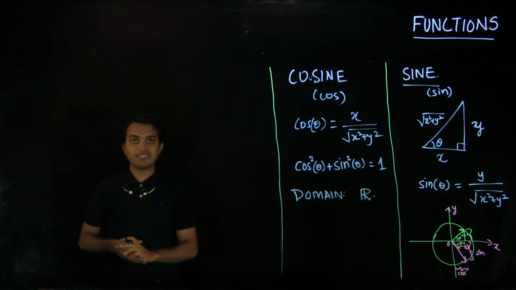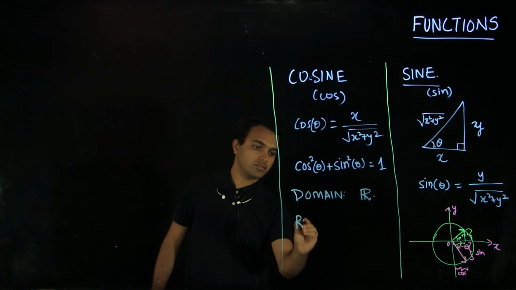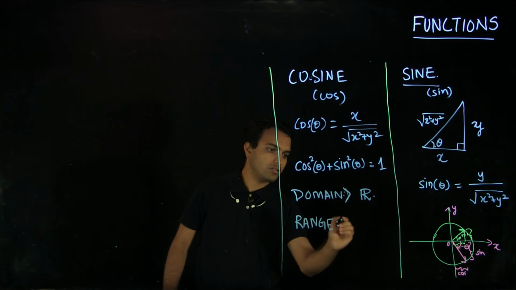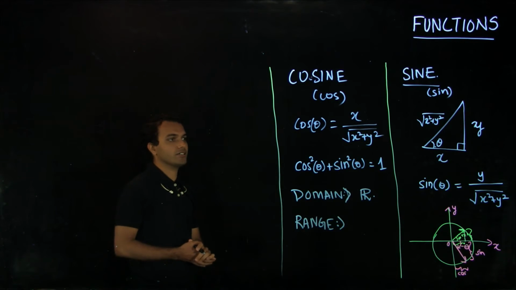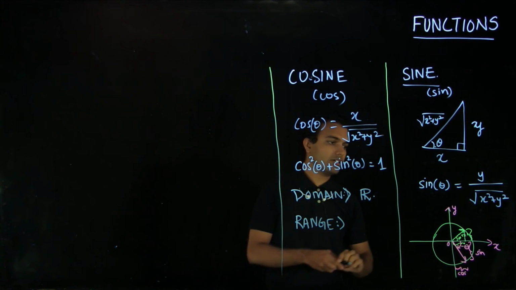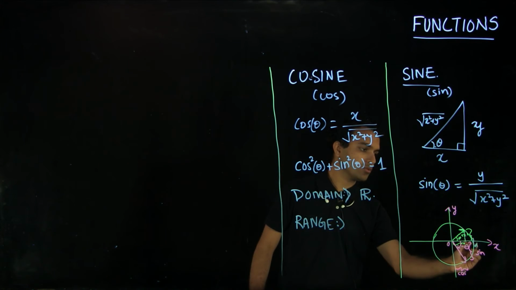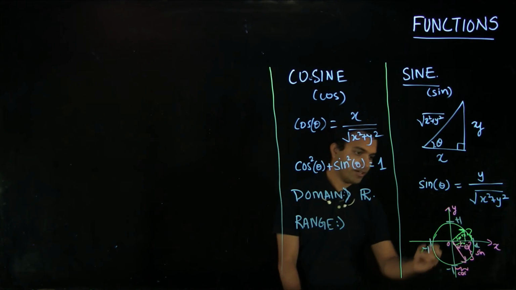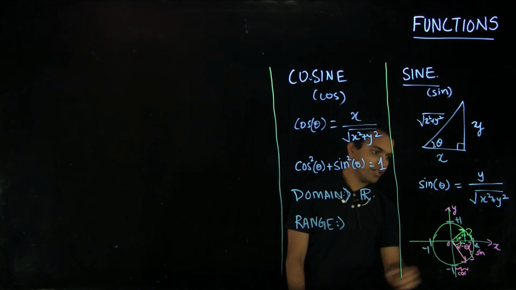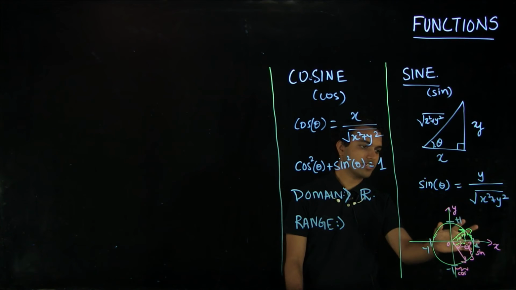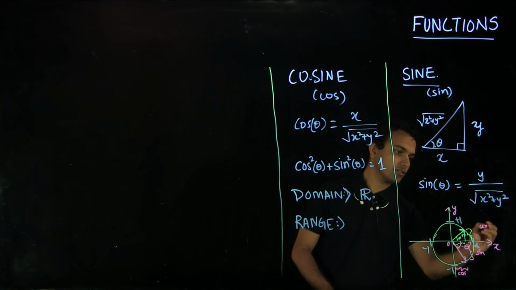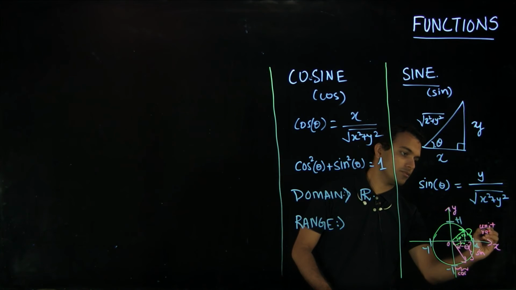And the next thing is the range. So the range for sine and cosine, again from this tool we can figure out, since this is a unit radius, this is plus 1, this is minus 1, this is plus 1, this is minus 1. So pardon my drawing, it's slightly skewed, but essentially what I want to show is this is 1, both of these are positive 1, negative 1, because this by definition is the unit radius circle.